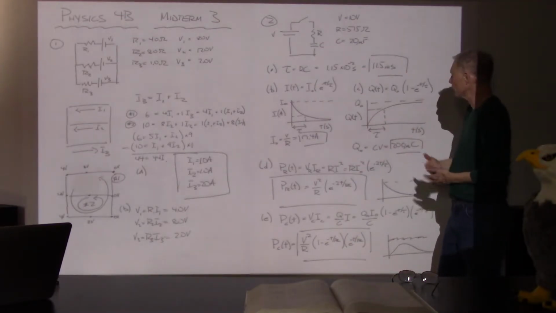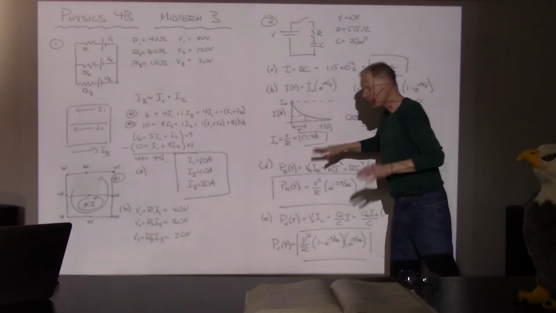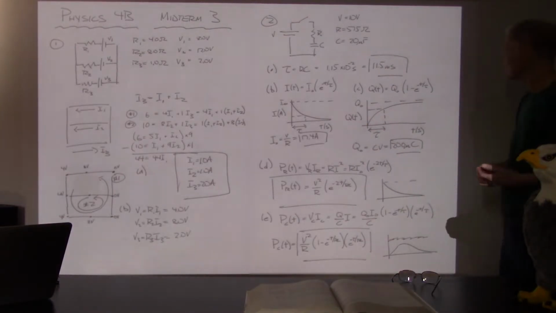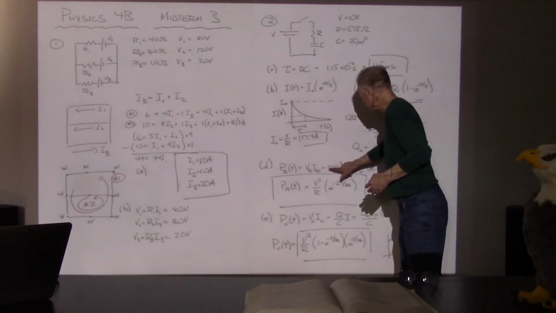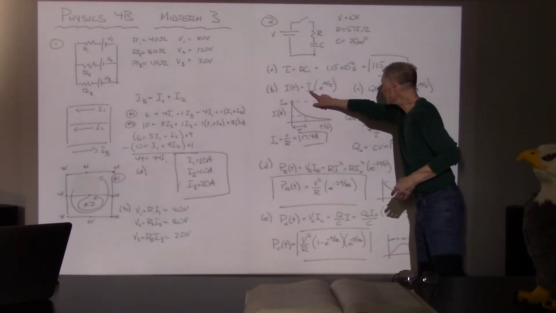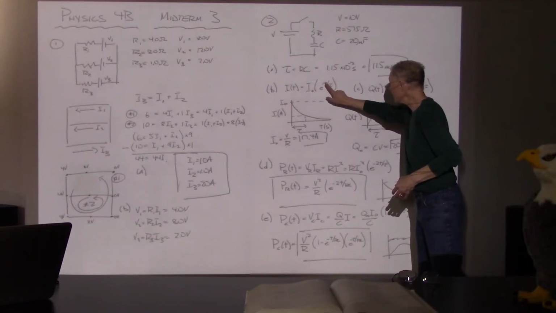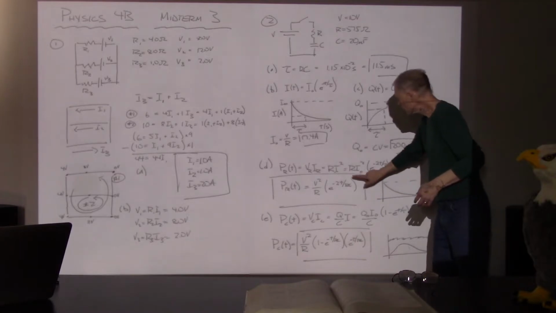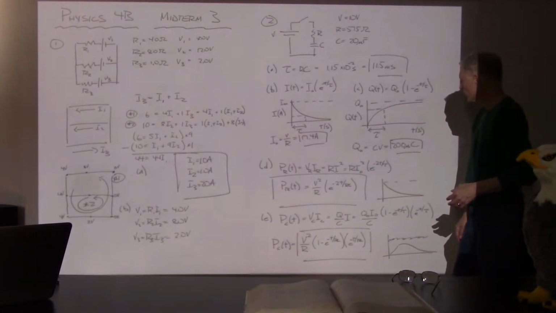I didn't write down the voltage formulas. V and I both are going to be time dependent. So I took the voltage and rewrote it in terms of current, and then current squared became I naught squared, e to the minus t over tau squared, and that's why there's a factor of 2 here. So this is the formula that I came up with.